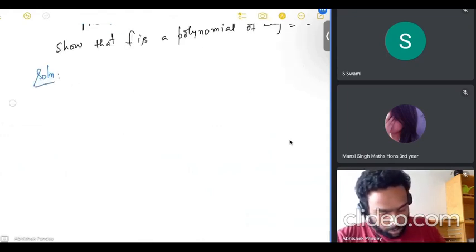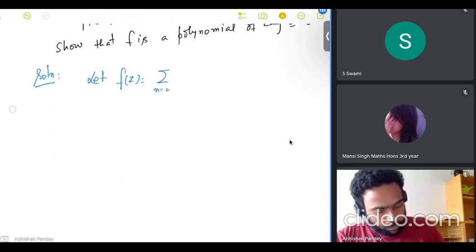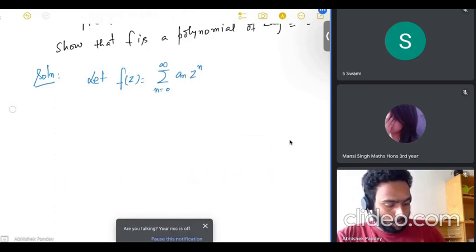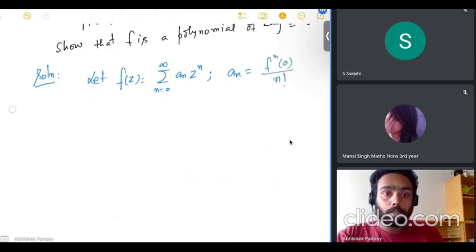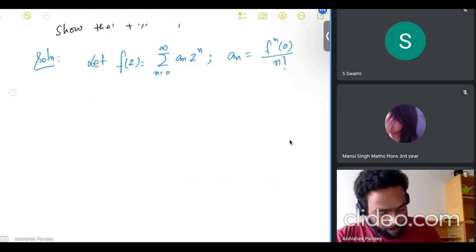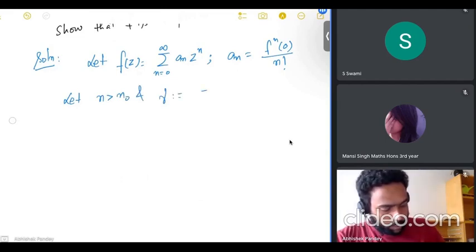So since f is entire, let f of z be equal to summation n equals 0 to infinity a n z to the power n. Okay, and a n is basically equal to f n of 0 upon n factorial. Let n be greater than n naught, and gamma is basically mod z is equal to r.